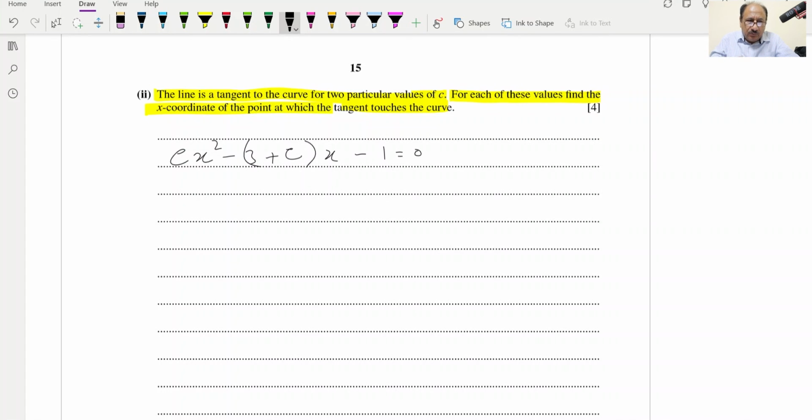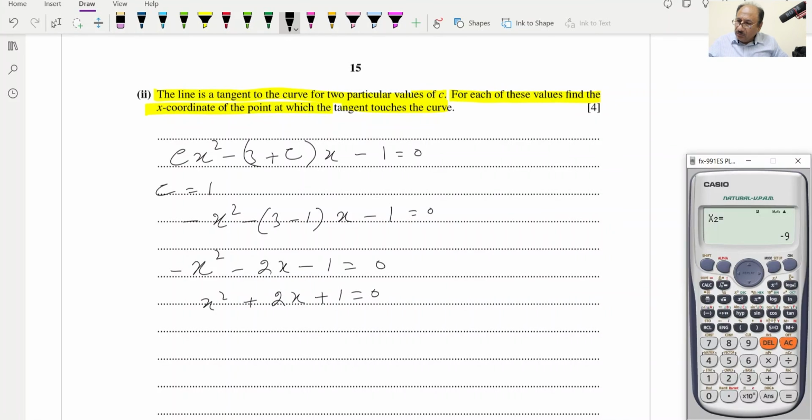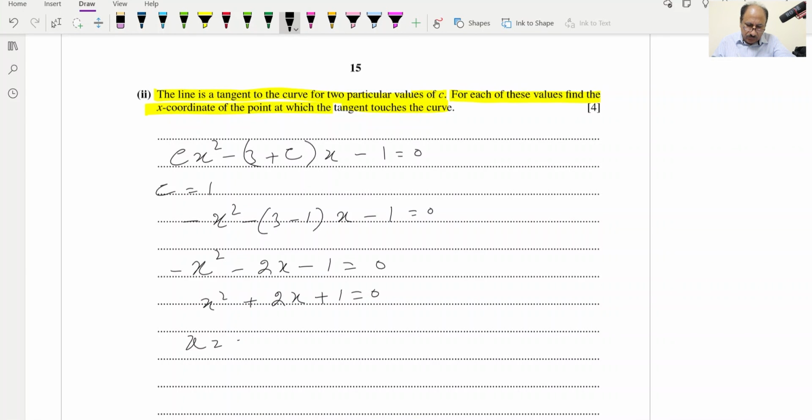So c is equal to minus 1, and if we replace this we will get minus x squared minus (3 minus 1) into x minus 1 is equal to 0. So it will be minus x squared minus 2x minus 1 is equal to 0, or we can write x squared plus 2x plus 1 is equal to 0, and we can solve this equation. Coefficient of x squared is 1, coefficient of x is 2, and constant value is 1, and we will get minus 1 as the answer. So x is equal to minus 1.